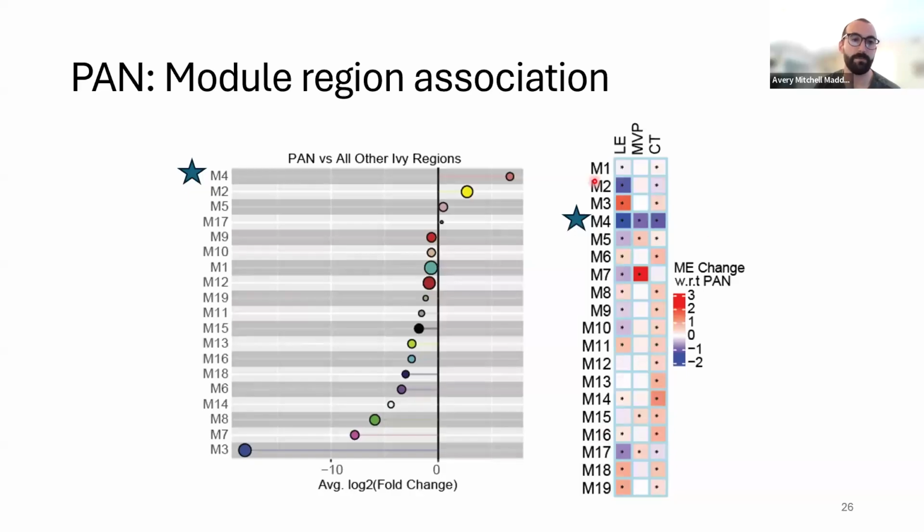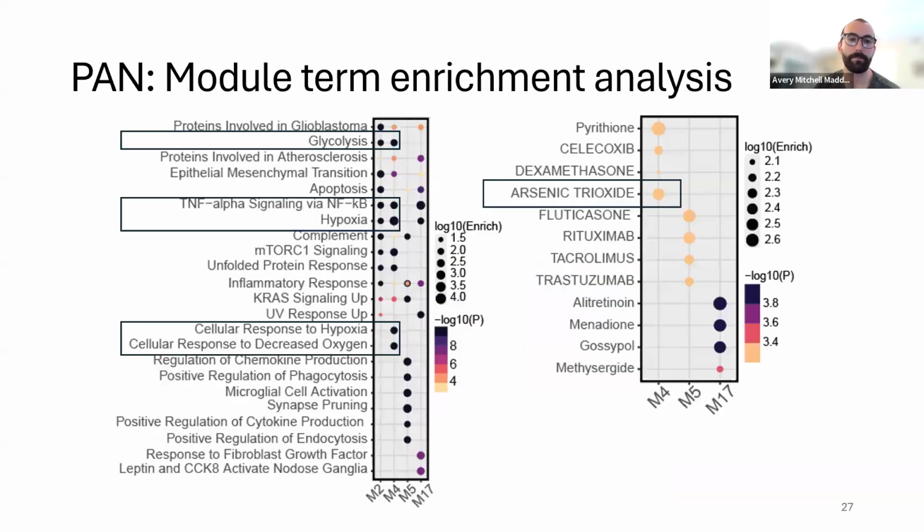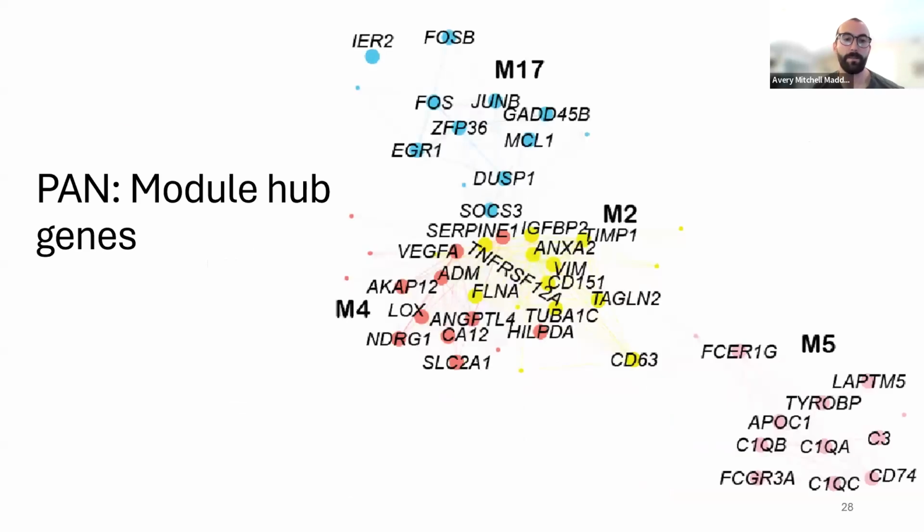Also of interest might be M2, which is our second most overexpressed, but it's not differentially expressed in relation to microvascular proliferation. We find that M4 is related a lot to hypoxic stress response, which isn't surprising given that it's the pseudopalisading necrosis, which is a lot of cells fleeing hypoxia. So that's consistent with what we would expect from that region.